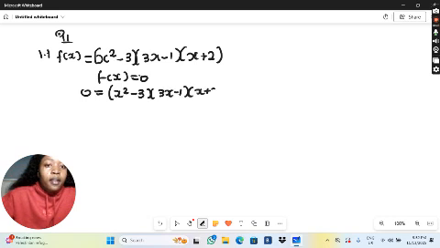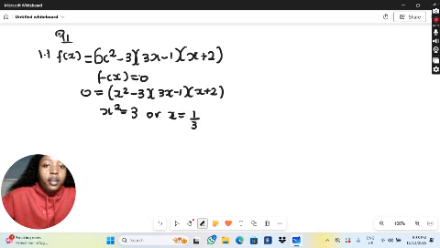Therefore, when we solve for this, we need to have x squared equal to 3, or x is equal to 1 over 3.